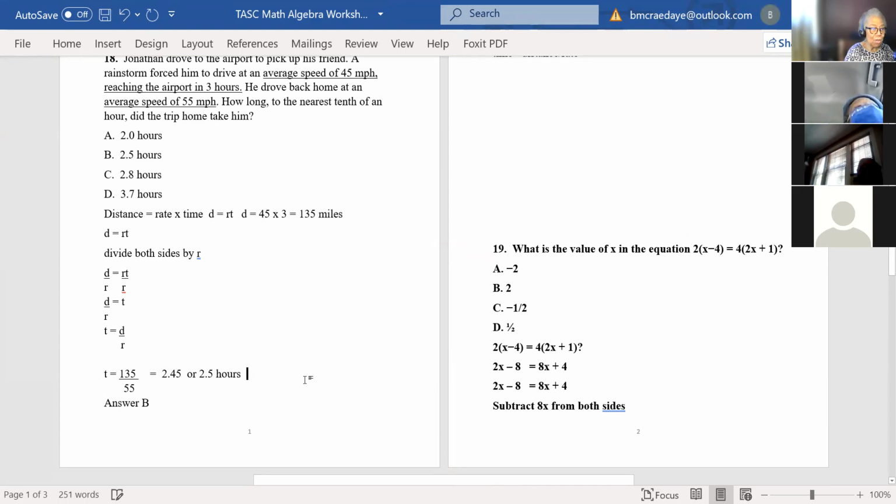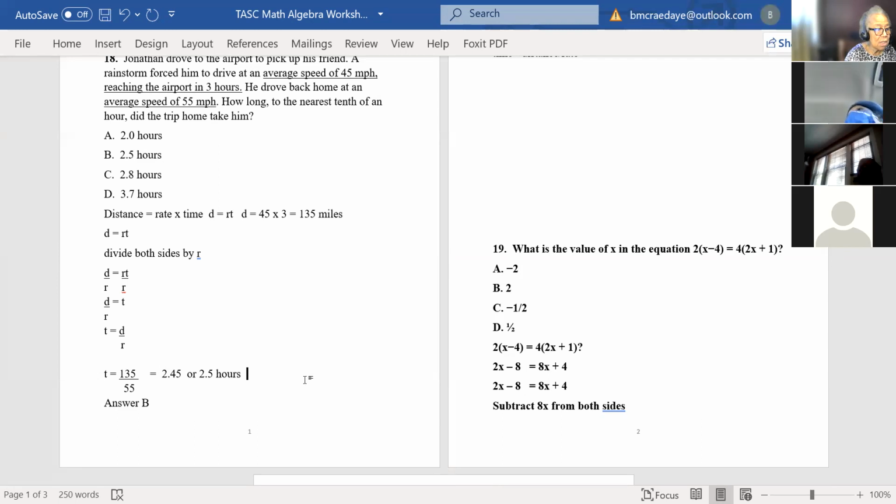Questions on 18? So you had to find the distance going to the airport, and you could do that because you had the rate and the time. You had the 45 miles per hour and you had the 3 hours as the time. Any questions, Vanessa?